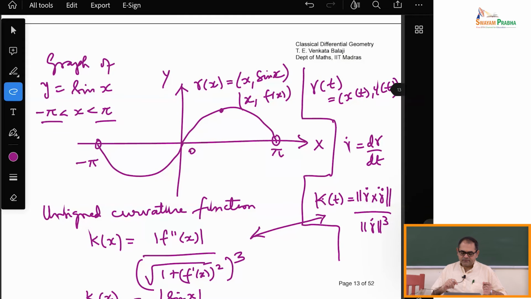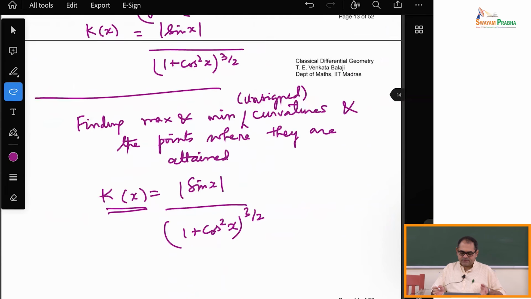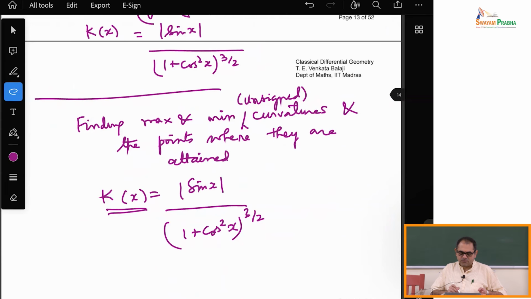If you look at it, the maximum is attained through mod sine, which is the numerator. In the denominator there is a 1, and no matter what, cos squared x is bounded from 0 to 1. This 1 is important because this is actually the velocity vector.